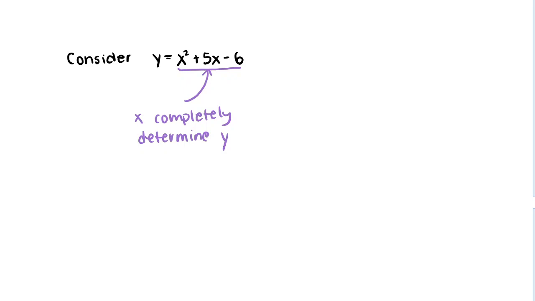There's not going to be any ambiguity. I'm not going to get two different results for one value of x. And so here we can really think of this equation as a function. That y is a function of x. I can think of y as my output quantity and x as my input quantity. Okay, so this is a function.